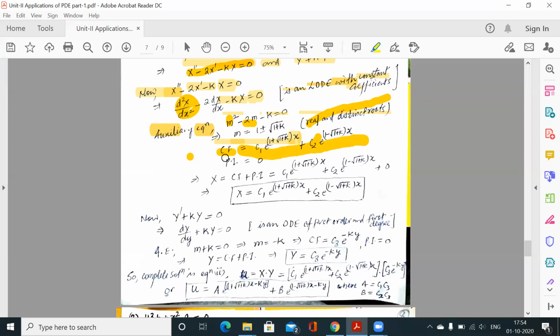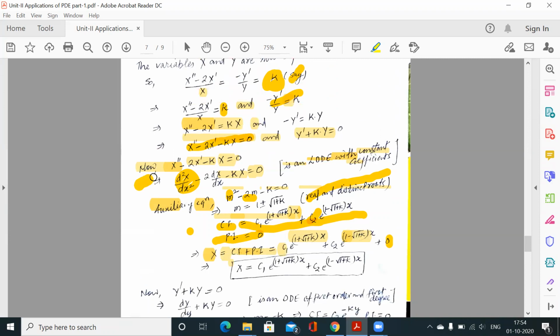So this is the CF. And PI is 0 because the right hand side is 0. This is a homogeneous equation, so PI is 0. So what is the solution? The solution X, the dependent variable, is equal to CF plus PI. CF is this and PI is 0. So this is the solution of this equation.